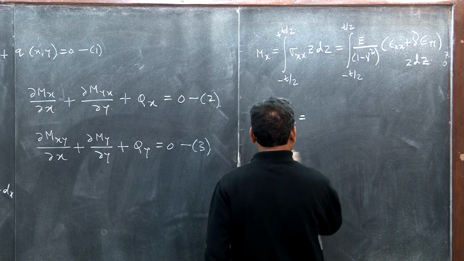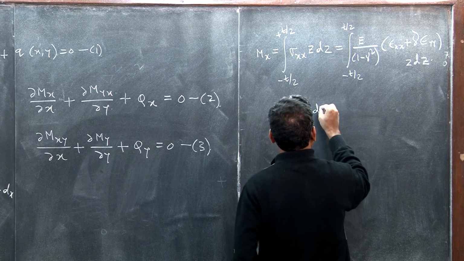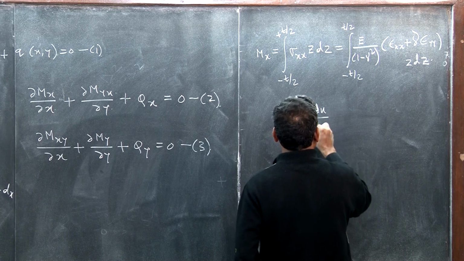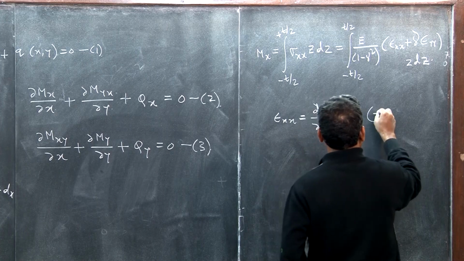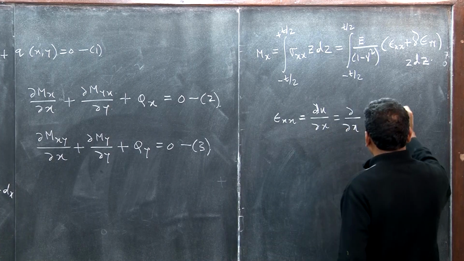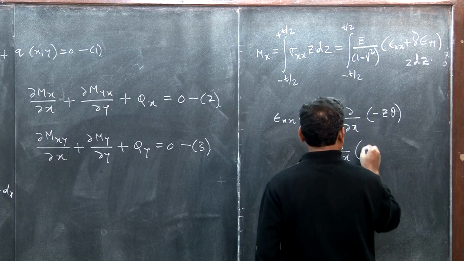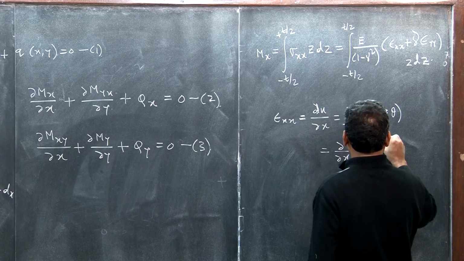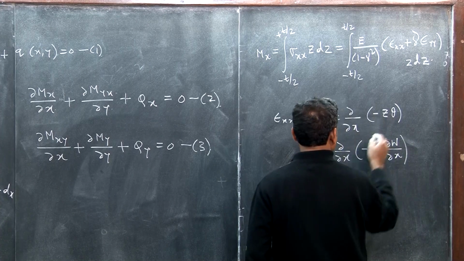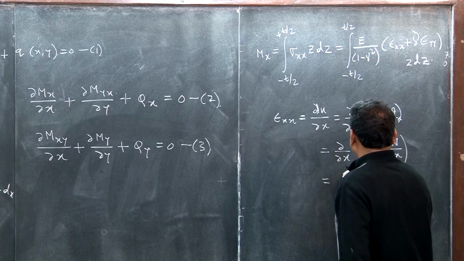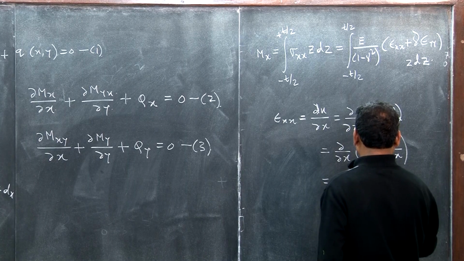We can recall epsilon xx was nothing but del u by del x, and u is nothing but minus z into theta, and theta x is basically del w by del x. So epsilon xx is minus z del 2w by del x2.